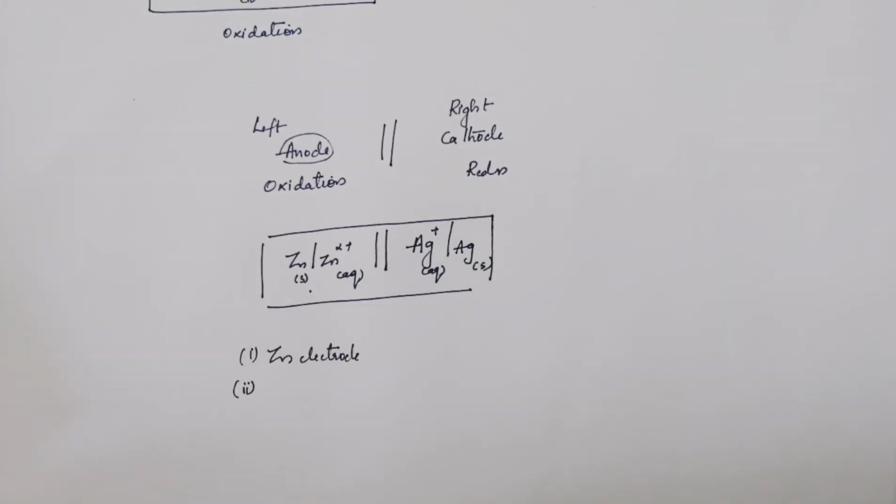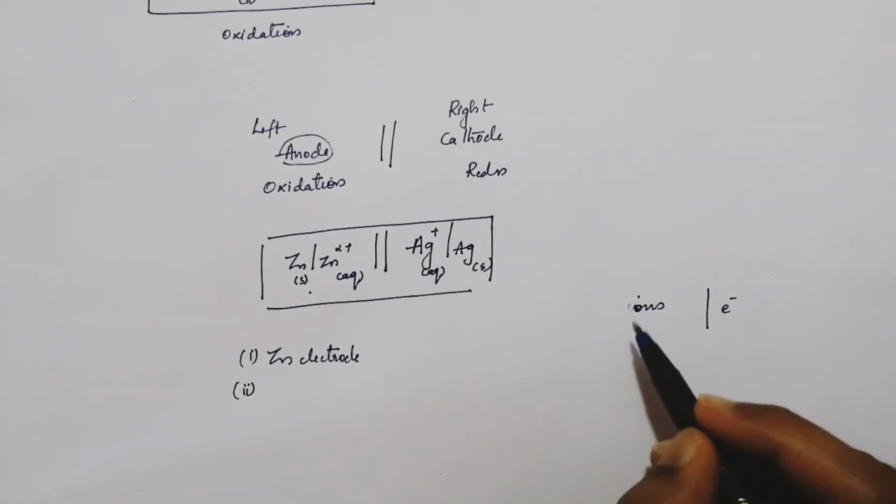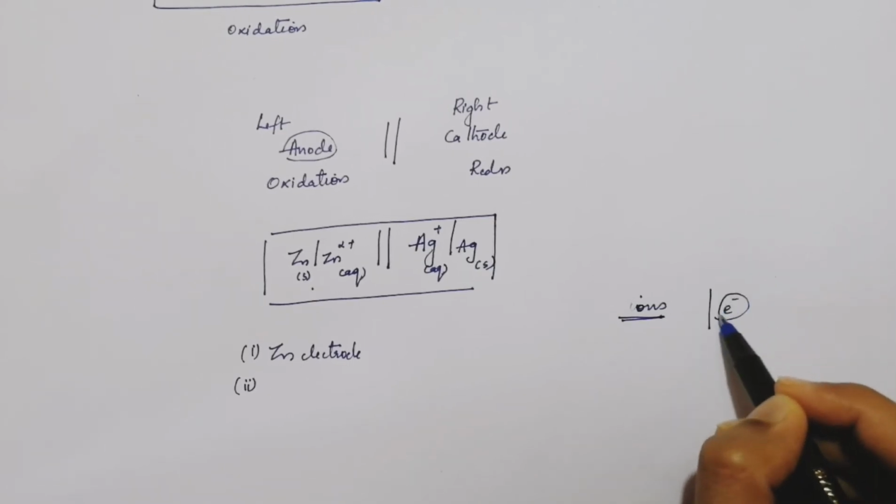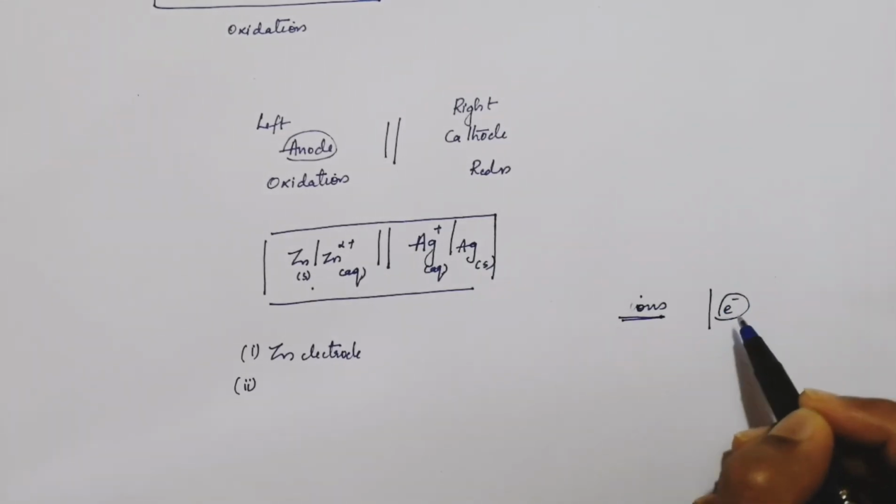The next question is to identify the carriers of current in the cell. We can say that inside the cell the current will flow through the ions, and outside the cell the current will flow with the help of electrons.